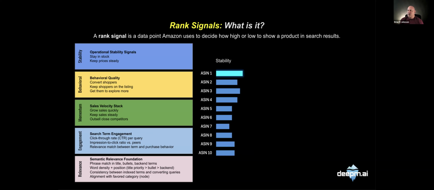There's going to be a certain weight that A9 wants from stability, from behavior, from momentum, from engagement, from relevance. And that's going to vary from one product niche to another. So it does vary, and I can explain why that is after these set of slides.